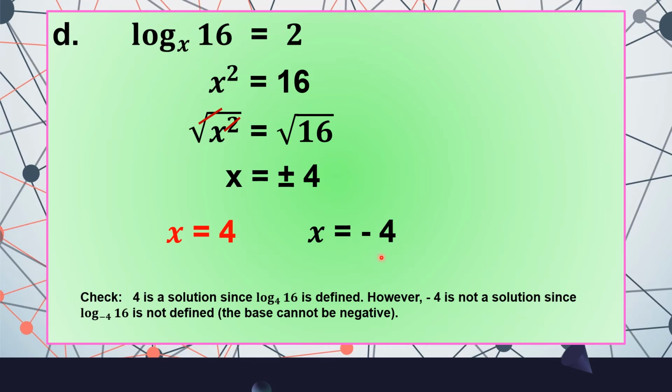However, negative 4 is not a solution since if we are going to change x into negative 4, it is not defined. Why? Because the base cannot be negative. I repeat, the base cannot be negative. So the only solution is x equals 4.